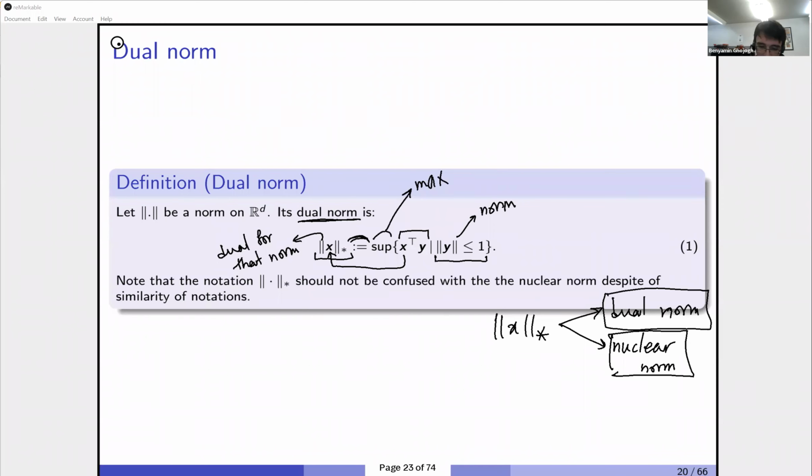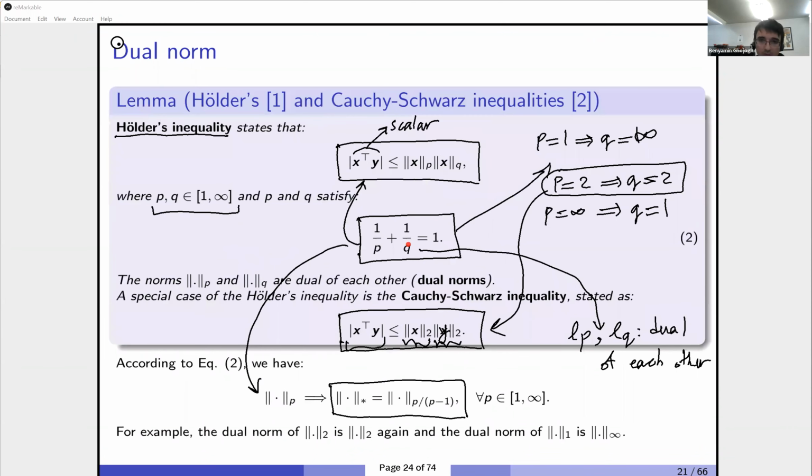And the LP and LQ norms, if they satisfy this equation, then they will be dual of each other. Therefore, you can see that the dual of the LP norm is always P over P minus 1. Why? The proof is so simple. 1 over P is 1 minus 1 over Q, and if you simplify this equation, you will see that Q equals P over P minus 1.